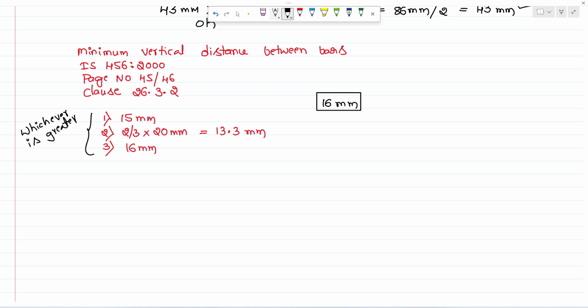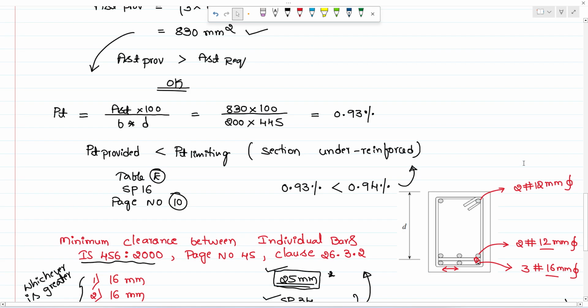So among three values, the greater value it is 16 mm. Which means the distance or the gap between the two layers you should have a 16 mm. So for horizontal distance minimum you should have 25 mm.